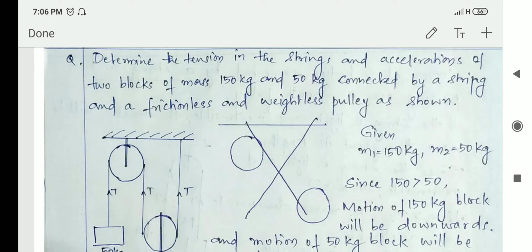Before going to the problem you need to understand that in all pulley problems there is a basic step we need to follow. First step is we need to understand the direction of motion. The direction of motion should be clearly specified and understood. Otherwise, if we assume a direction of motion, it may not be correct.